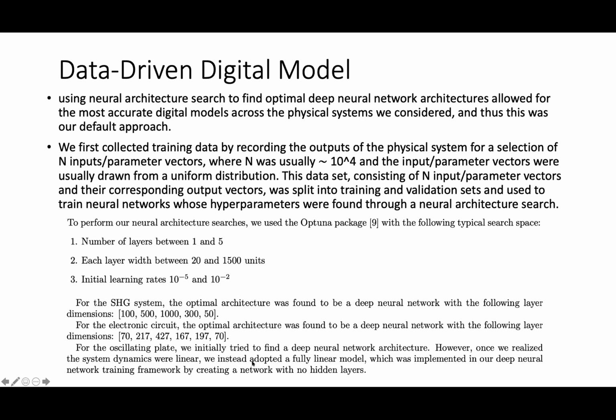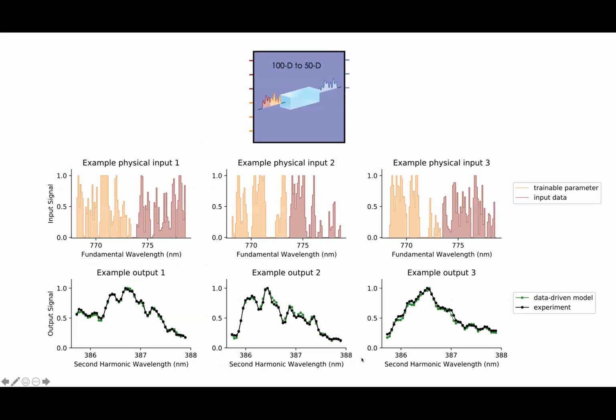So a neural network with no hidden layer is basically a linear operator. So that's it. And here I show the results, how accurate the model can be. Again, this is the 100-dimensional to 50-dimensional optic one.